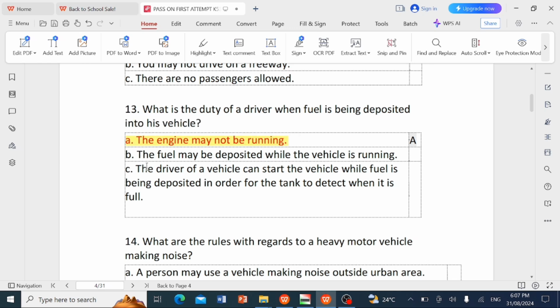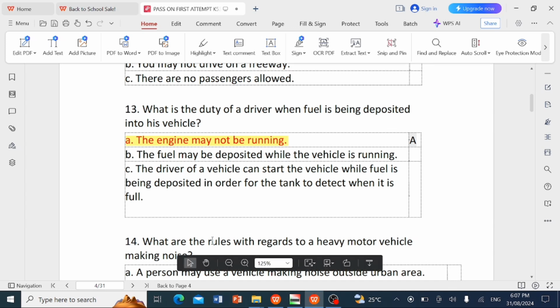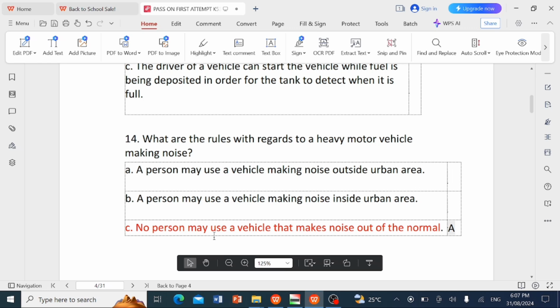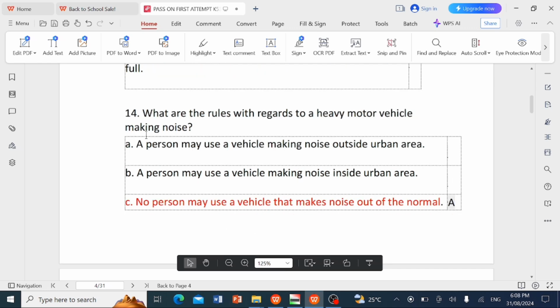Or we didn't read the last one, right, which says the driver of the vehicle can start the vehicle while fuel is being deposited in order for the tank to detect when it is full. Well, that's not correct, right? Because we are talking about turning off your car, turning off your engine while this fuel is being deposited in the car. Okay, now let's move on to the next one, number 14.